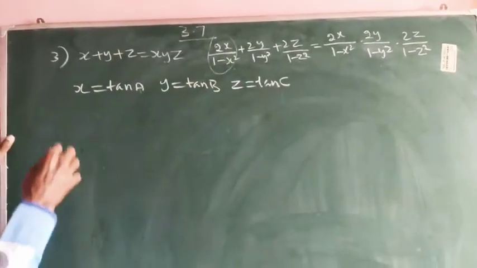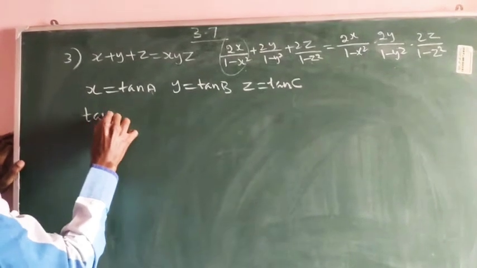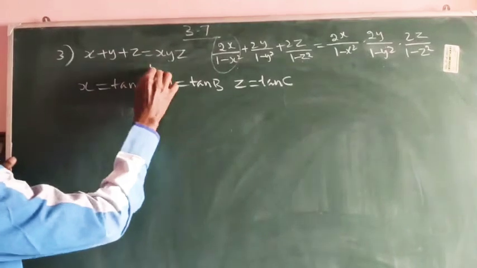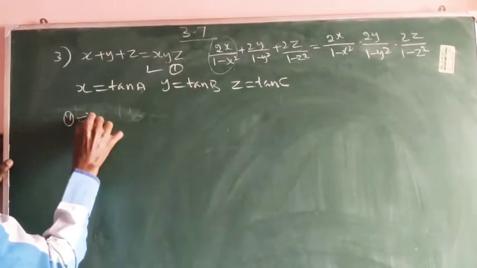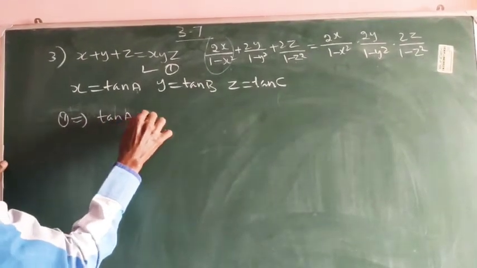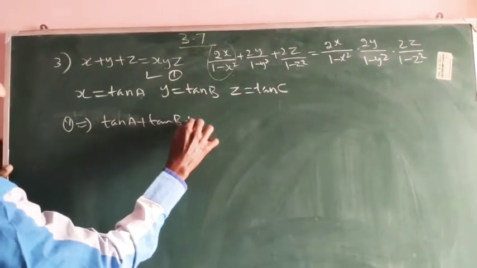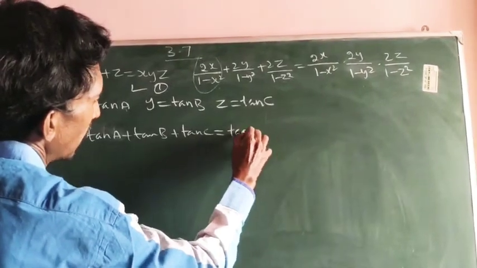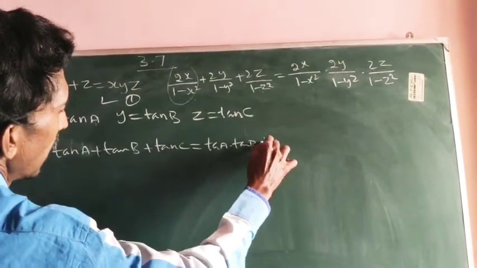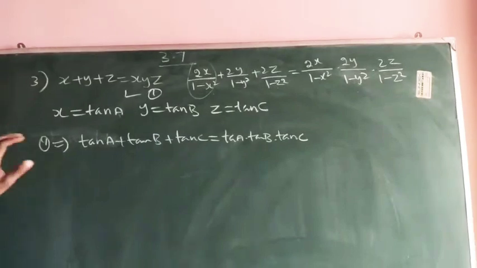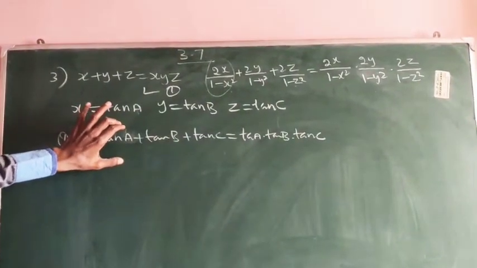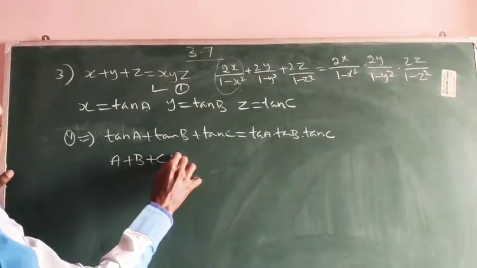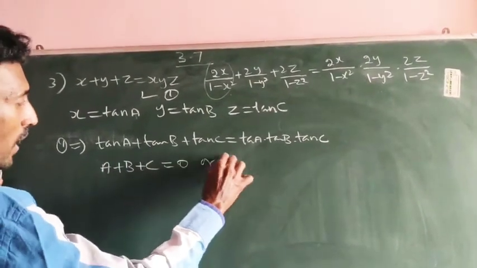Okay. So tan A plus tan B plus tan C equal to tan A into tan B into tan C. If this identity is true, then the condition is either A plus B plus C equal to 0 or 180.